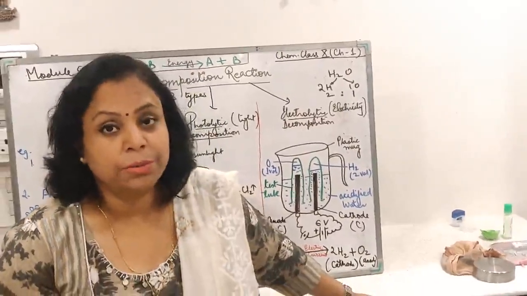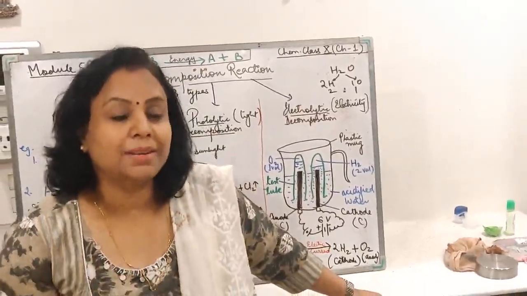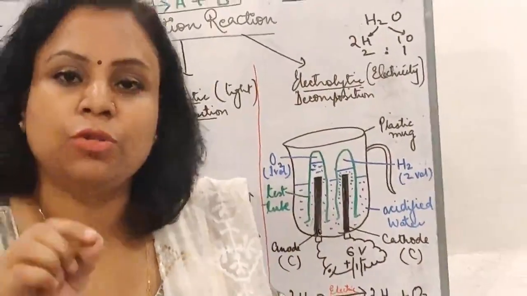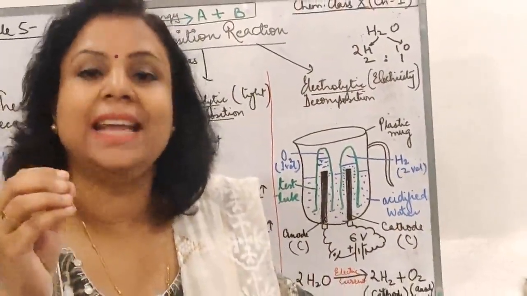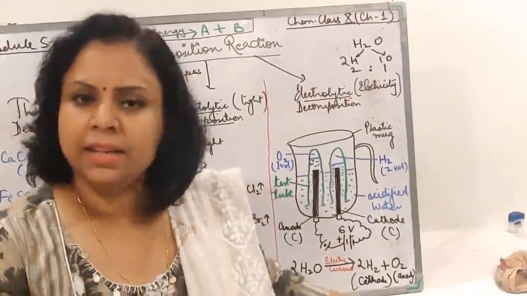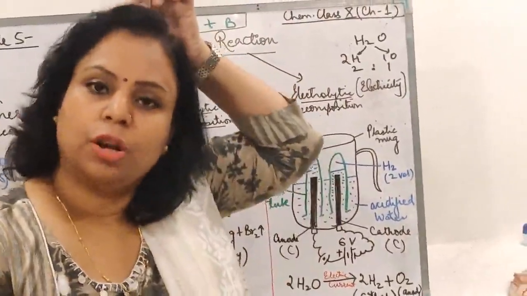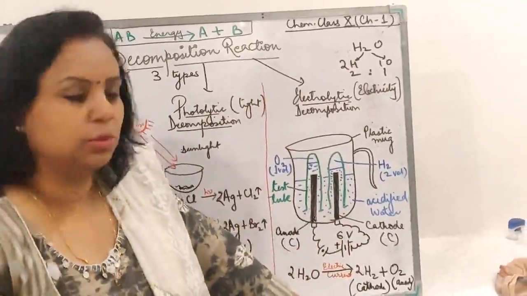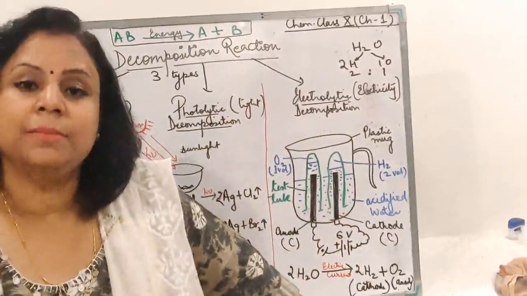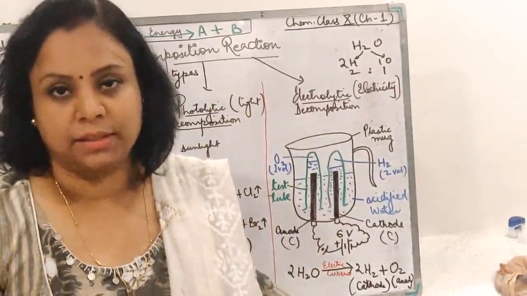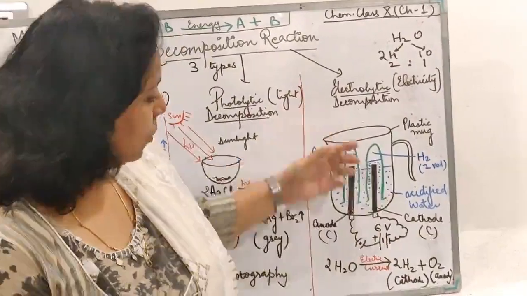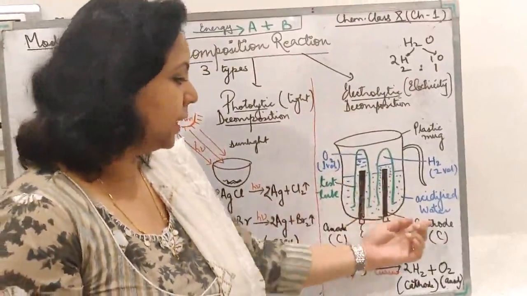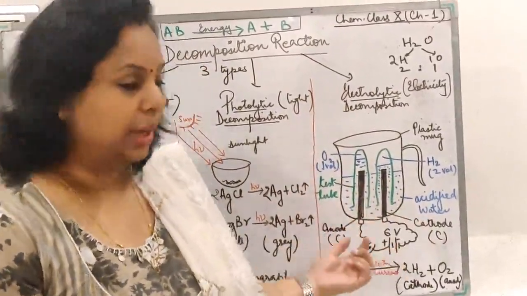So in order to make it a good conductor, we add a few drops of any acid like H2SO4. A few drops of dilute H2SO4, when added to this water, make it a good conductor. Now this is acidified water. This is the mug, this is the cathode and anode, and the battery.